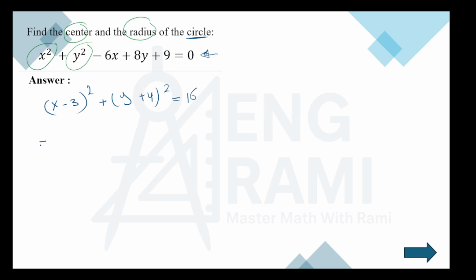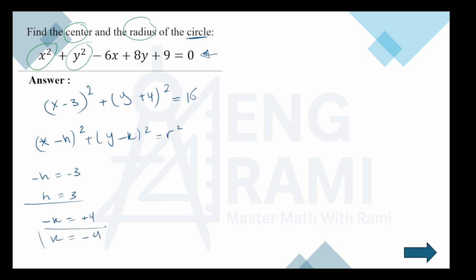So this is the equation in its standard form: x minus h all squared plus y minus k all squared equals the radius squared. Minus h equals minus 3, then h equals 3. And minus k equals plus 4, then k equals negative 4.